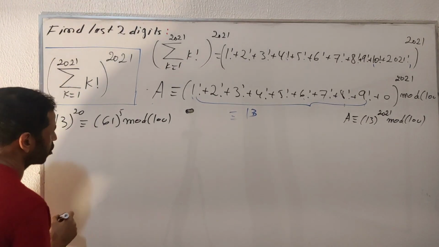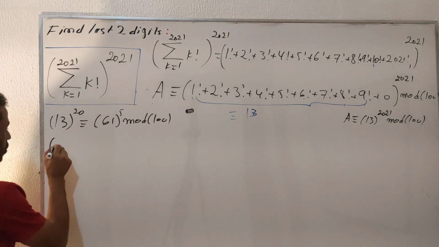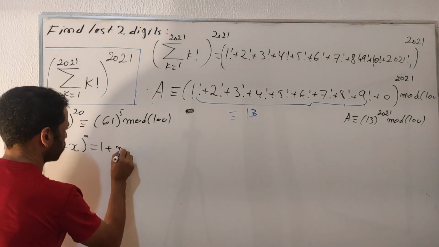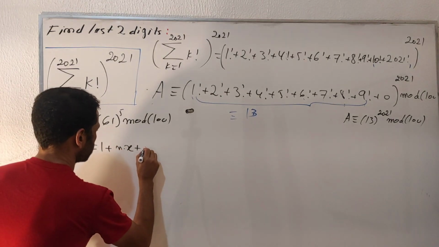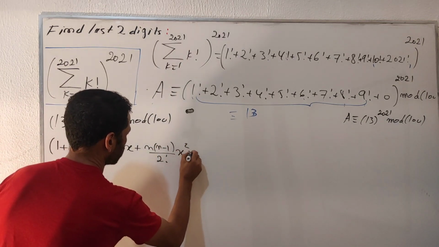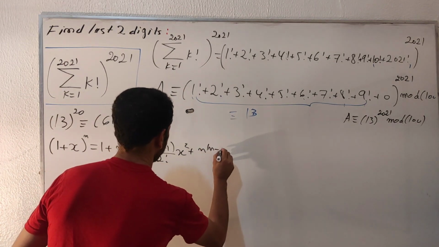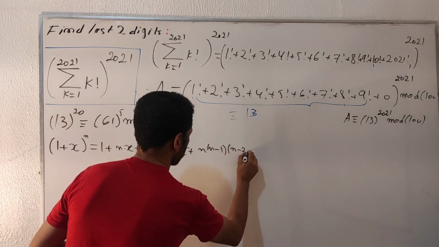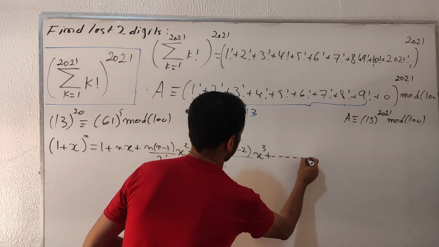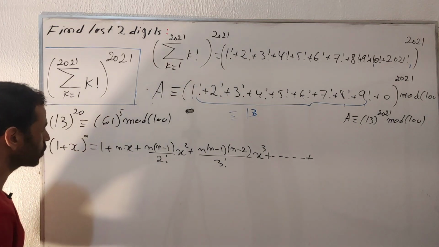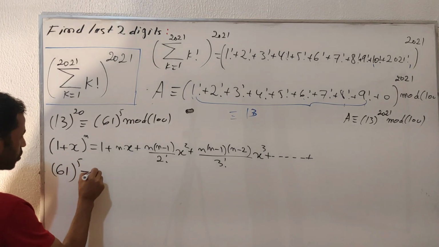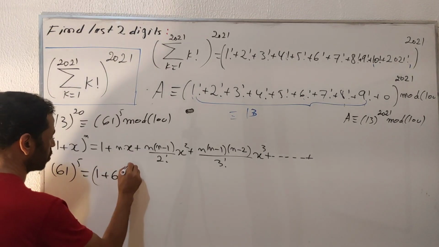Let's take the general formula first. 1 plus x to the n equals 1 plus n times x, plus n times n minus 1 over 2 factorial x squared, plus n times n minus 1 times n minus 2 over 3 factorial x cubed, and it goes all the way down like this. So I'm going to use the same thing here. We know 61 to the 5th equals 1 plus 60, to the 5th.